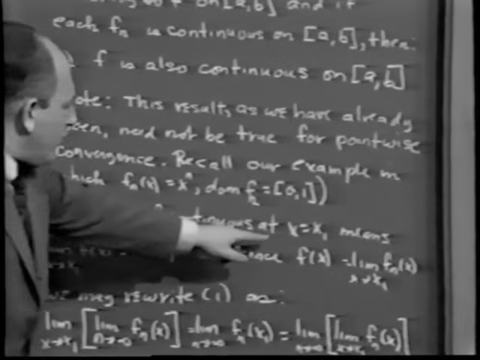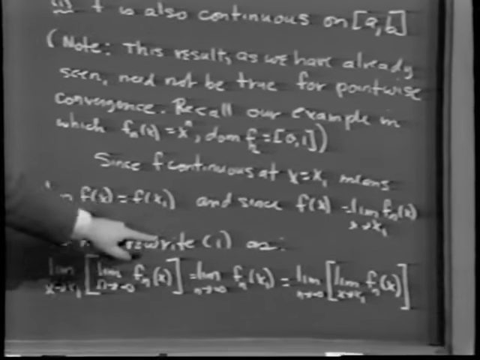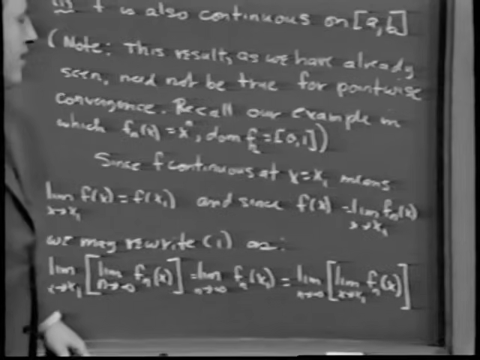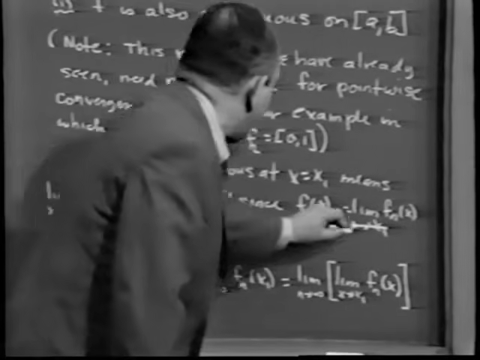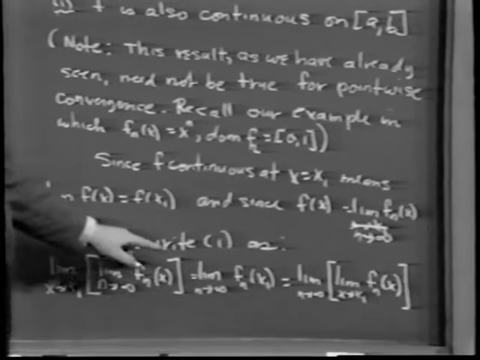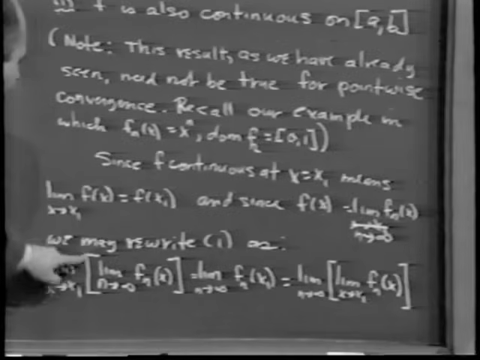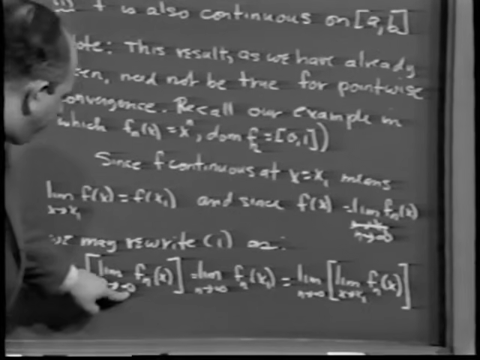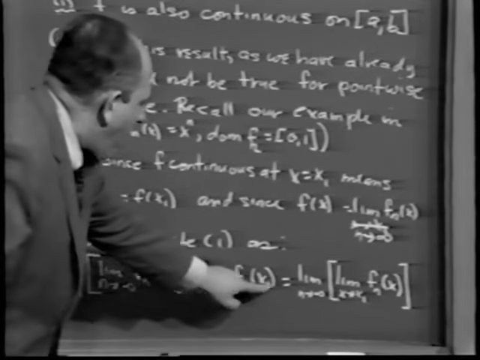Since f continuous at x equals x sub 1 means that the limit of f of x as x approaches x1 is f of x1, and since f of x itself by definition is the limit of f sub n of x as n approaches infinity, we may rewrite our first equation in this form: the limit as x approaches x1 of the limit as n approaches infinity of f sub n of x equals the limit as n approaches infinity of f sub n of x1.